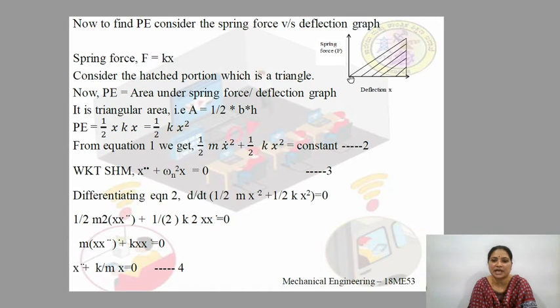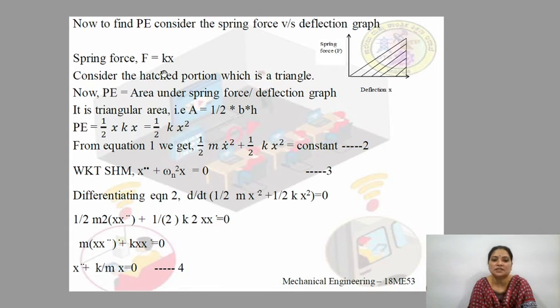So this straight line represents a linear curve. If we hatch the portion, considering the extreme point, the hatched portion is a triangle.